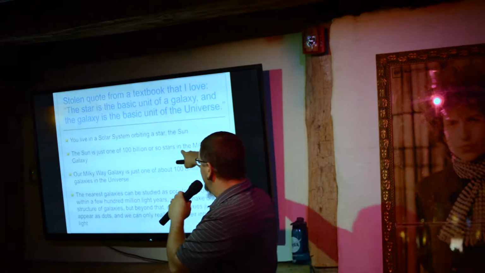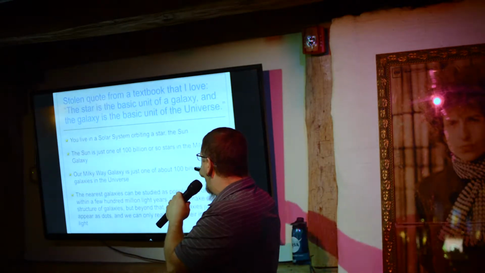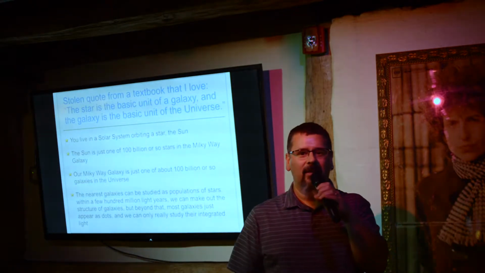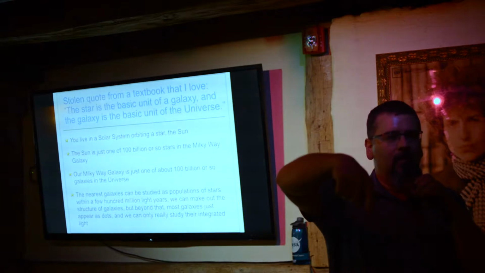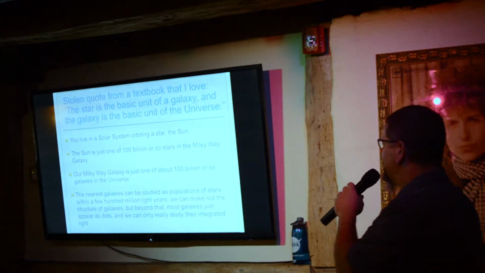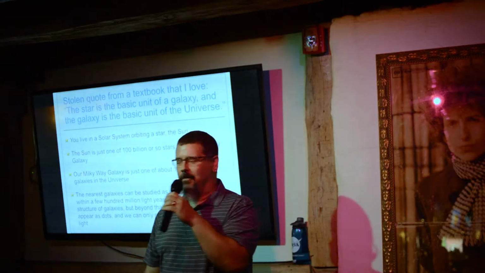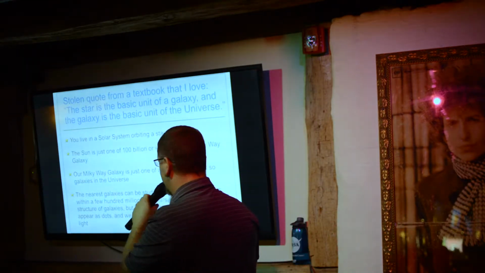But the sun, right, a star is just a basic unit of the galaxy. So you do also live in the Milky Way galaxy. Our solar system is just one star and one set of planets orbiting around inside the Milky Way. There's about 100 billion others alongside our own solar system.